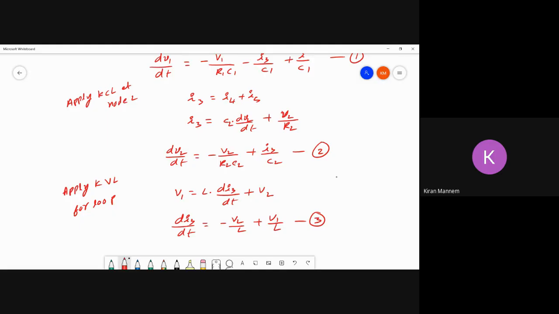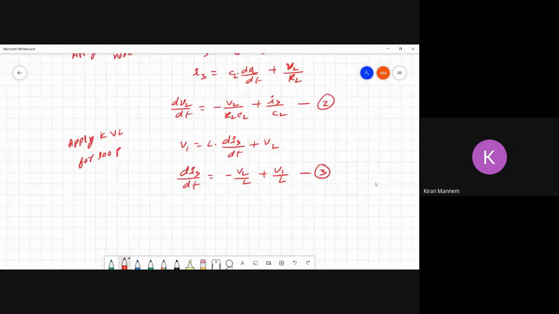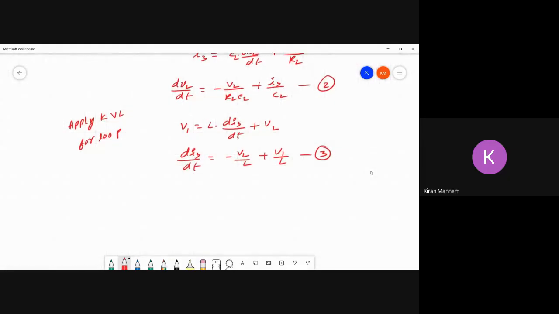See, I got all the state variables as first-order differential equations. Now put equations 1, 2 and 3 into matrix form.